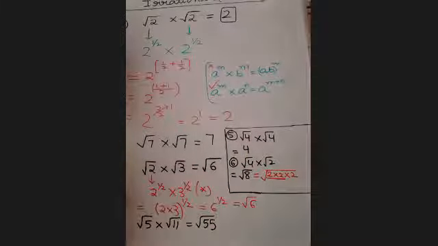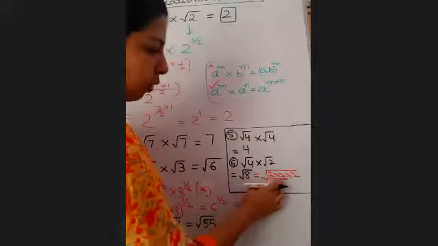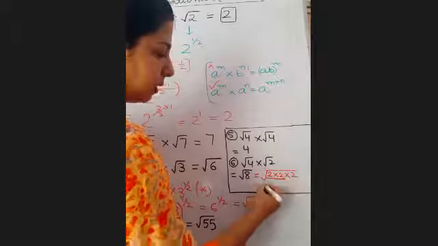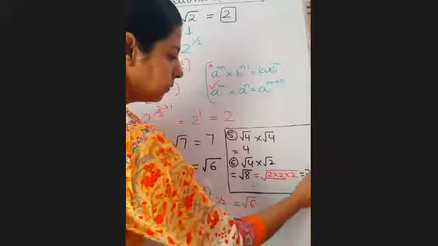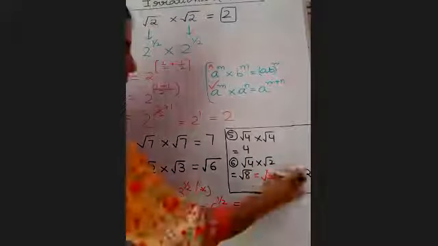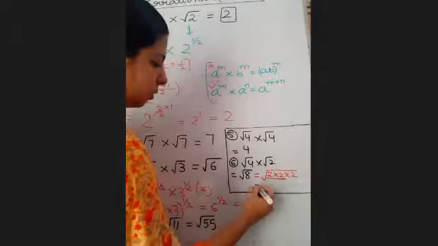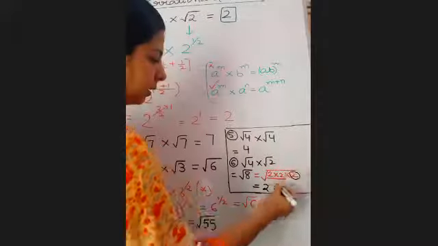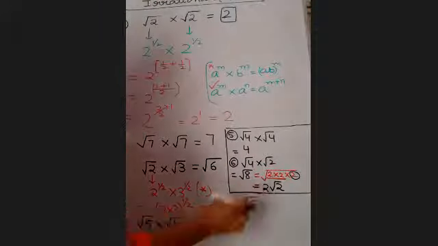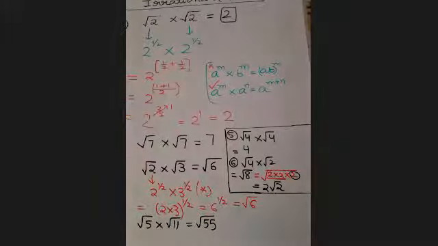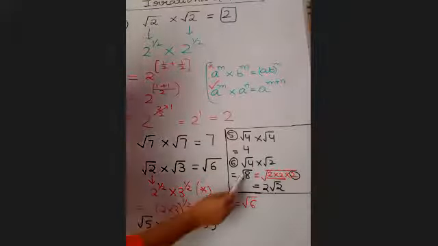So from this pair, one 2 will come out. And this other 2 will remain in the root only. So root 8 is 2 root 2. This is in the simpler form. Root 8 is 2 root 2.